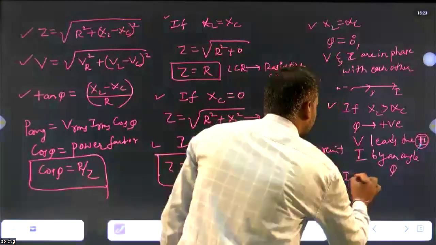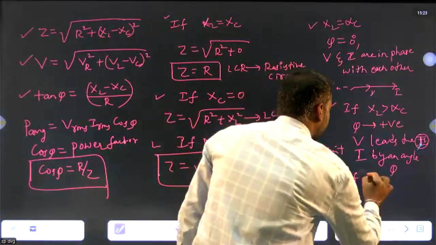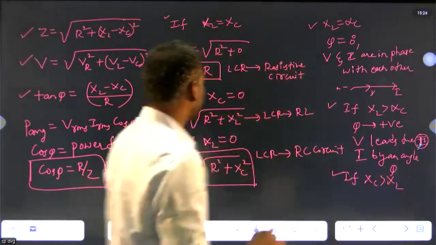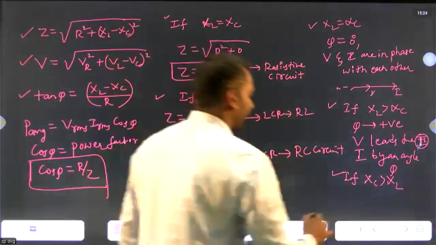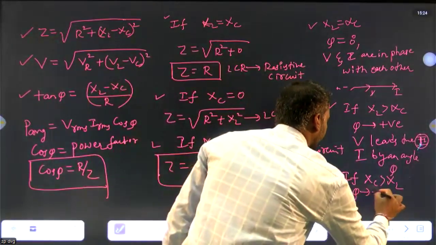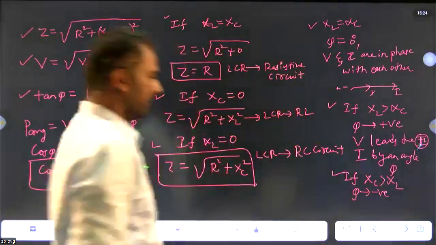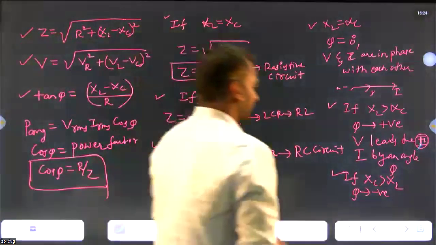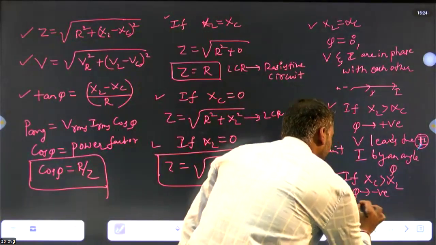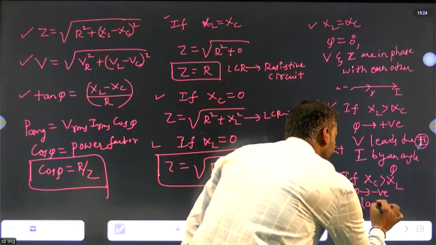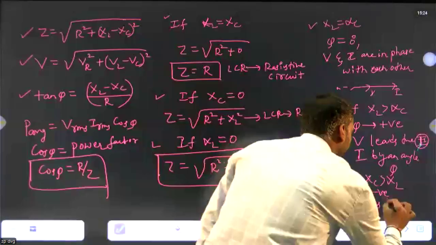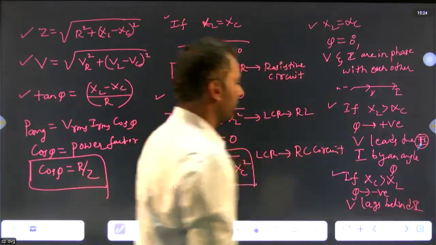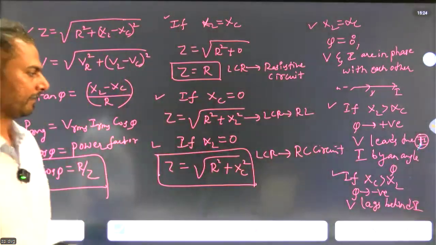If XC is greater than XL, then phi is negative. If the phase angle between current and voltage is negative, then voltage lags behind the current, or current leads the voltage by an angle phi.